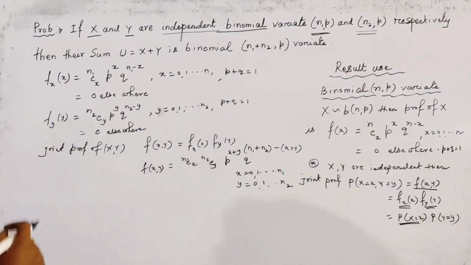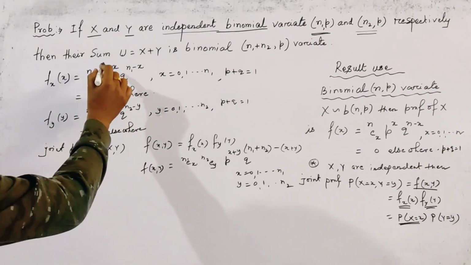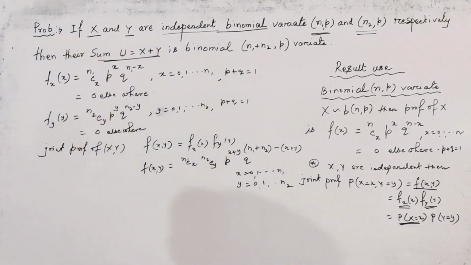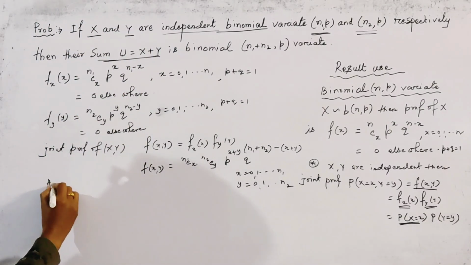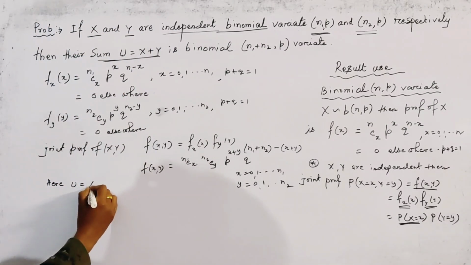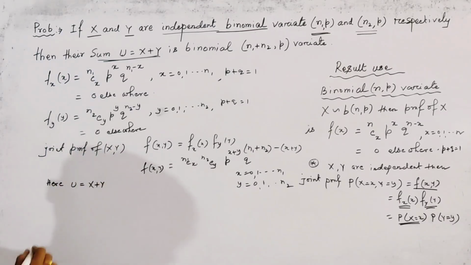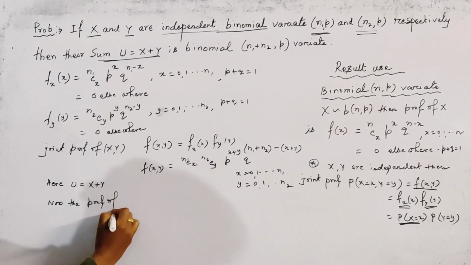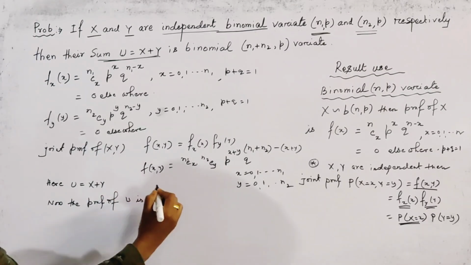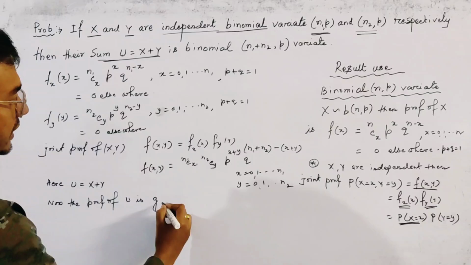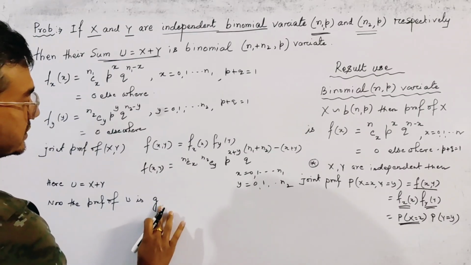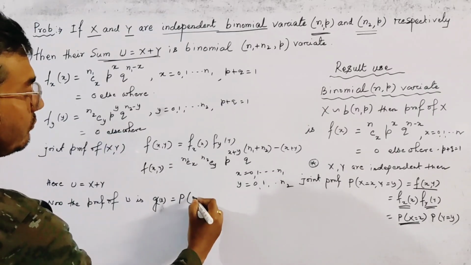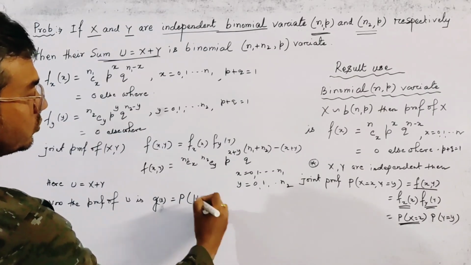Now we have to find out the distribution of u. Here u is equal to x plus y. Now the PMF of u is given by g(u), which is the probability of U equal to u.